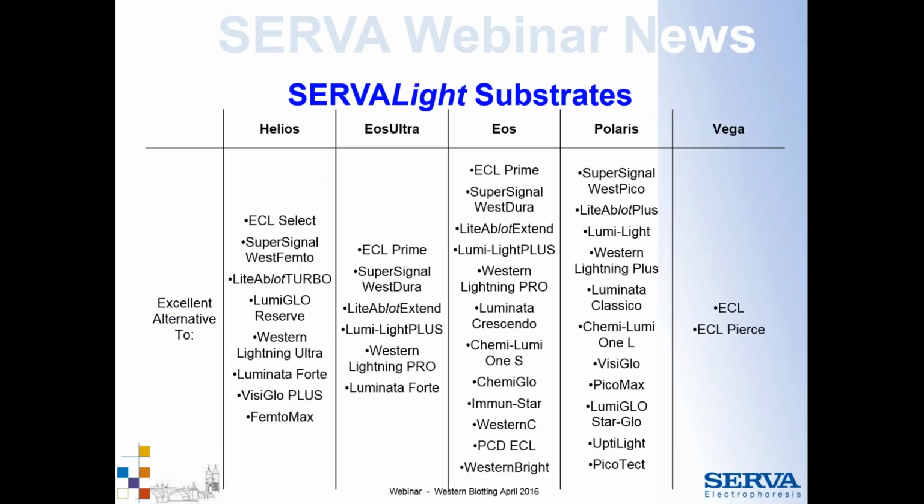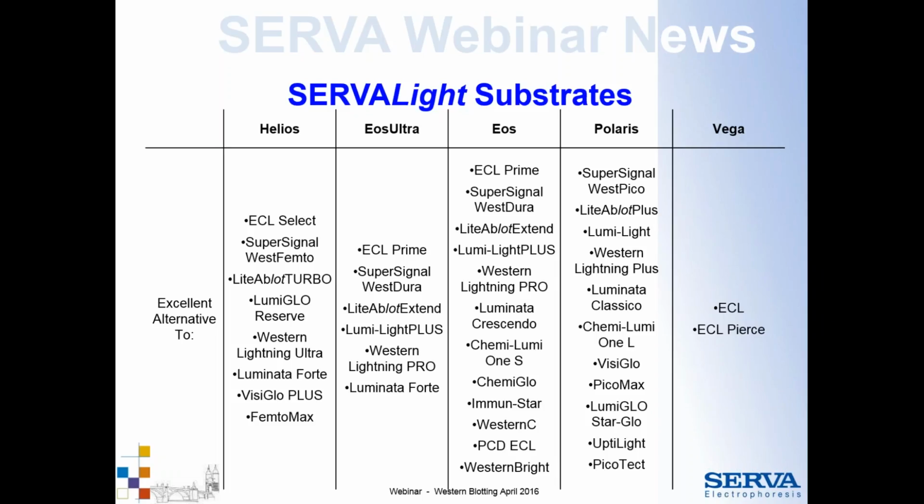The next is the SERVA substrates compared to the substrates from other suppliers. If you are interested in testing one of these substrates, and you have so far used, for example, the ECL from Pierce, you may be happy with a SERVALight Vega substrate, for example.